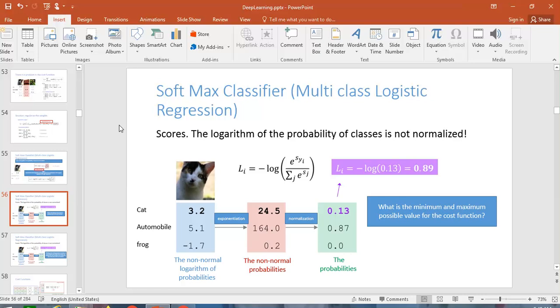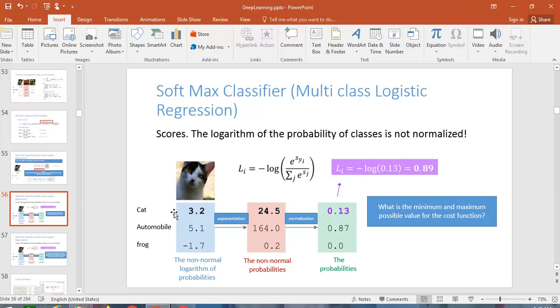What does it mean? Not normalized means that the probability sum is not 1. For example, here this 3.2 is the logarithm of the probability of the cat class, but it is not normalized.